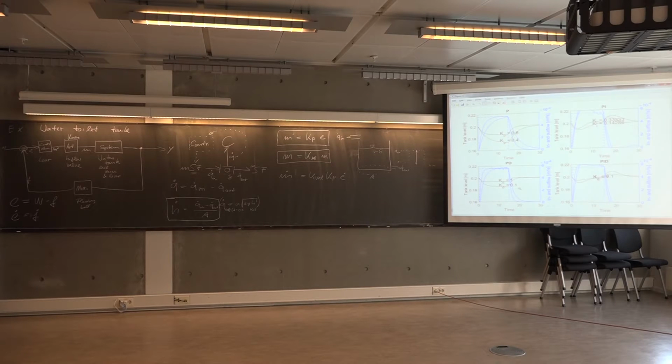There are certain ways to tune these PID regulators, or any controller which is based on P, I, and D concepts. And we will take a brief look into that in the next step.